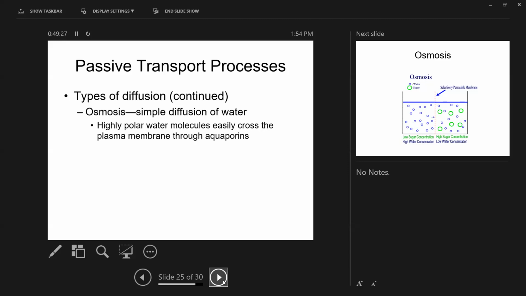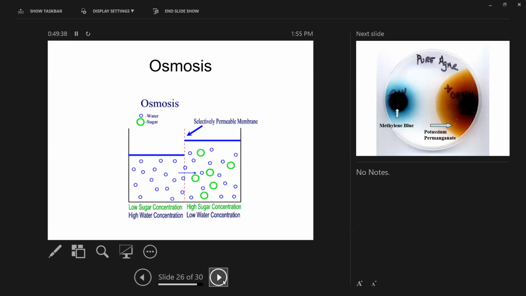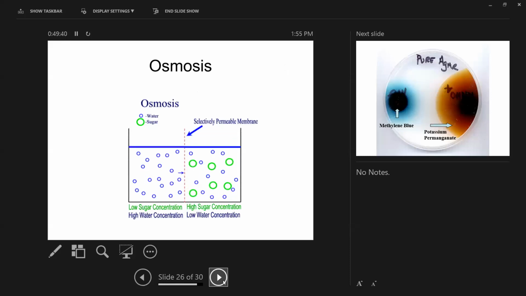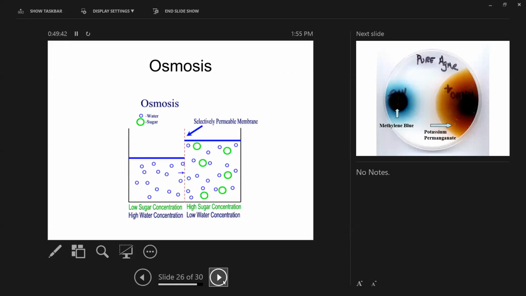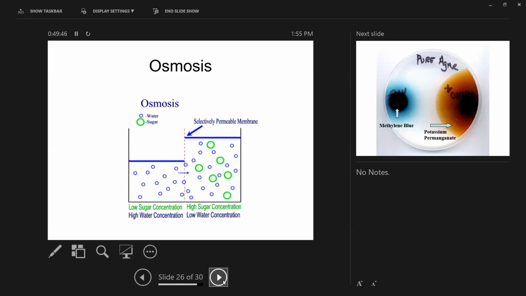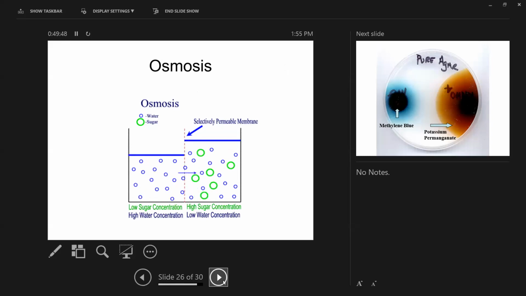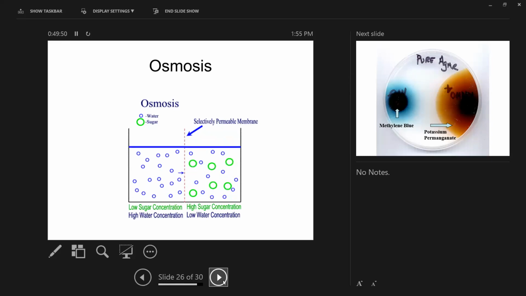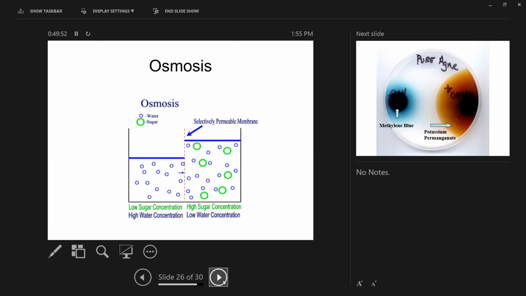Now, when we say osmosis is movement of water across a membrane from high water to low water, what do I mean by that? If you look at this example for osmosis, you have a beaker, and the beaker is divided in half by a membrane that restricts the movement of sugar.